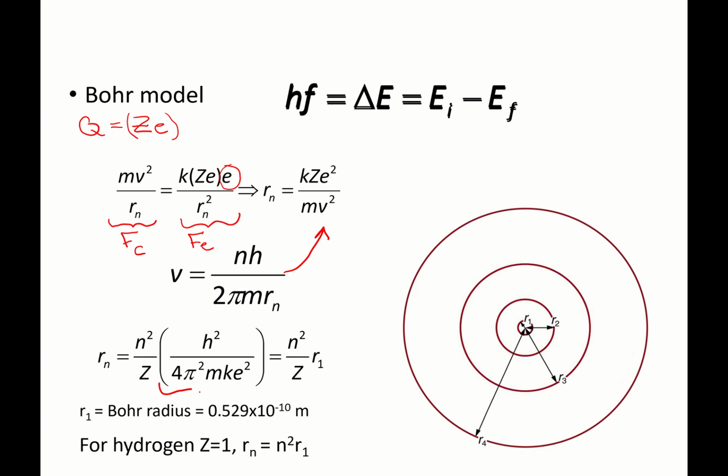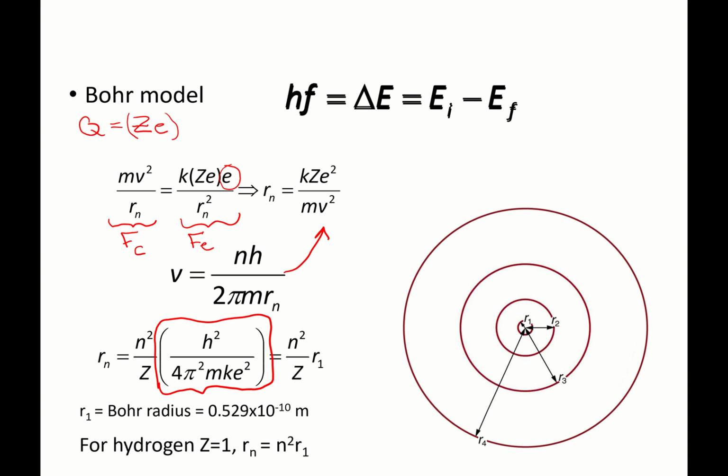It's made up of that whole combination of constants inside the brackets. Those are all constants. We can put in the values, and we get something about half an angstrom, 0.529 times 10 to the minus 10 meters. So for hydrogen, where Z equals 1, the allowed orbits are just n squared times R1.